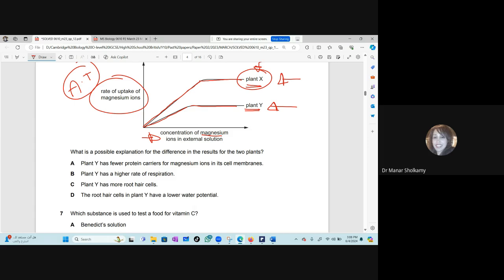If they tell you that plant Y had fewer protein carriers, then yes, it's very right, because plant Y did less active transport. Now let's make sure that B, C, and D are wrong. Plant Y has a higher rate of respiration. What do you think? Is B right or wrong? It should not take you all this time to tell me if B is right or wrong.